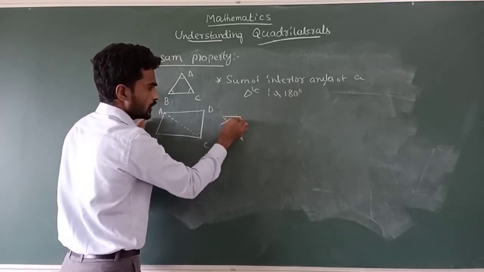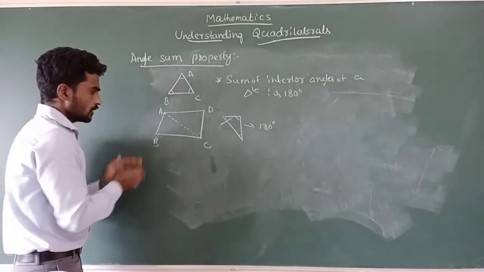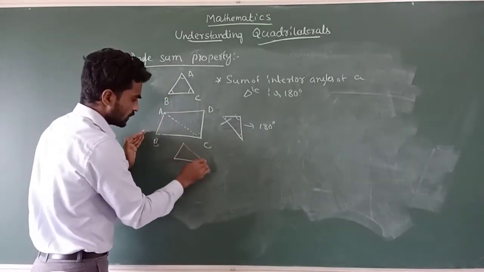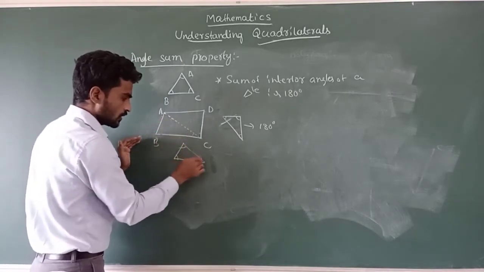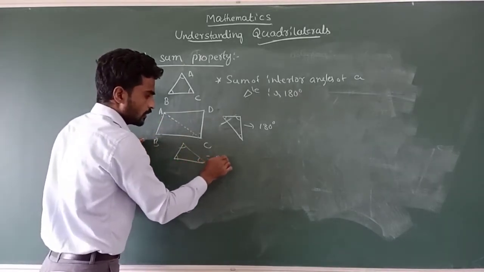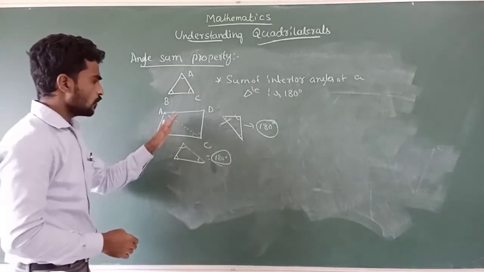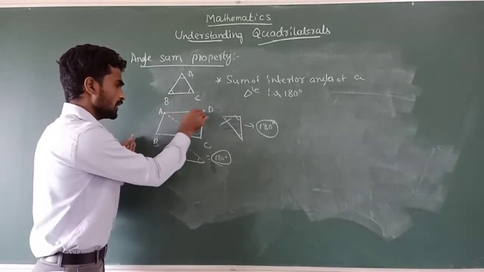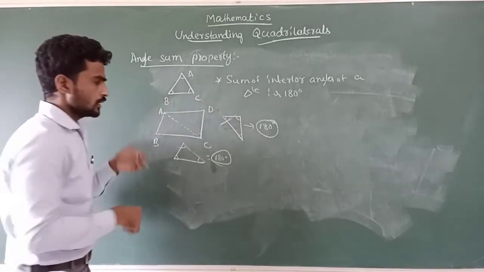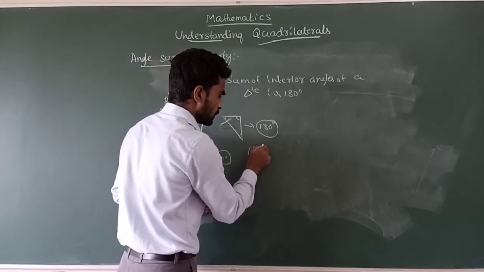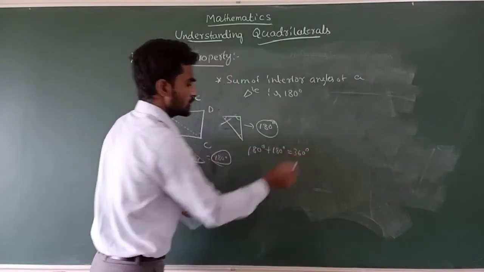We already know that adding all three angles, we get 180 degrees. Now this triangle is like this. The sum of all three angles of this triangle is also 180 degrees. Then add these two, we get the overall sum of interior angles of polygon ABCD. 180 degrees plus 180 degrees is equal to 360 degrees.